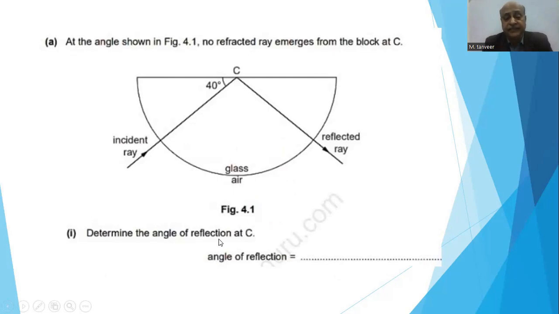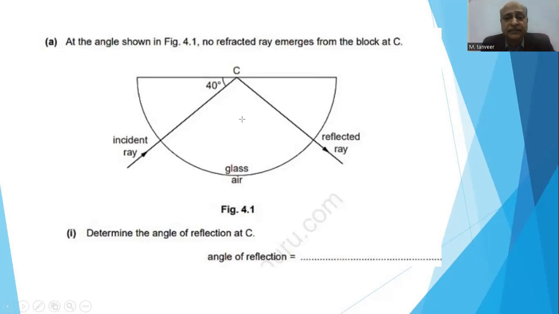Determine the angle of reflection at point C. You have to find the angle of reflection at this point.